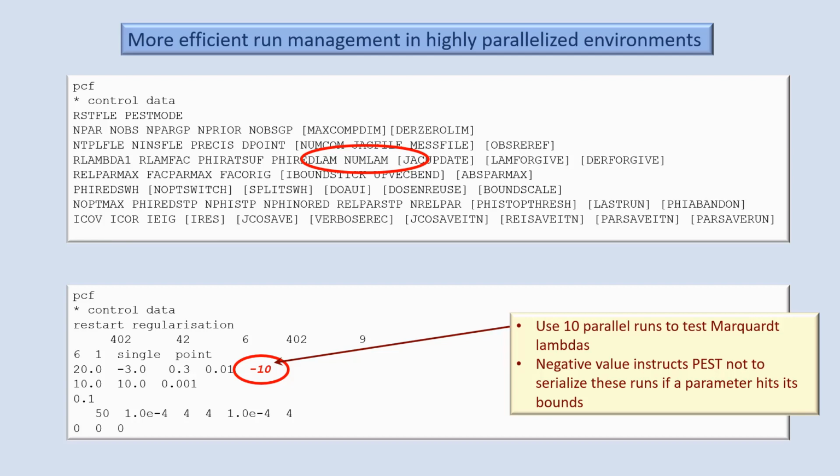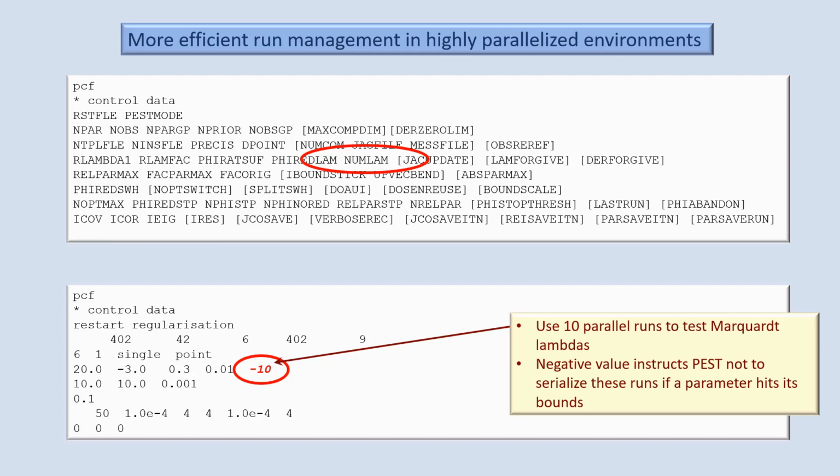However, this is an inherently serial procedure and is not efficient in a parallel computing environment. By setting numlam to -10, PEST is instructed to dispense with that serialization procedure that automatically happens if a parameter encounters its bounds, and to parallelize the Marquardt lambda selection and testing procedure no matter what.